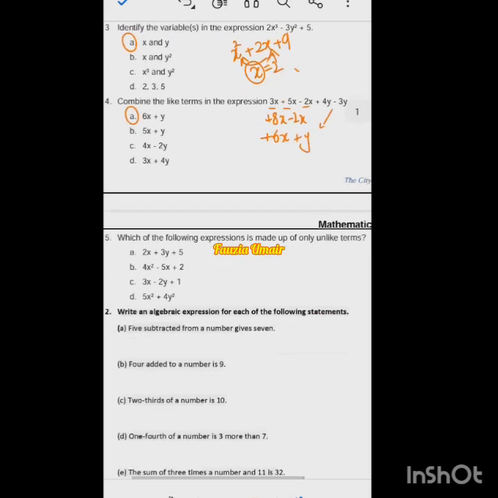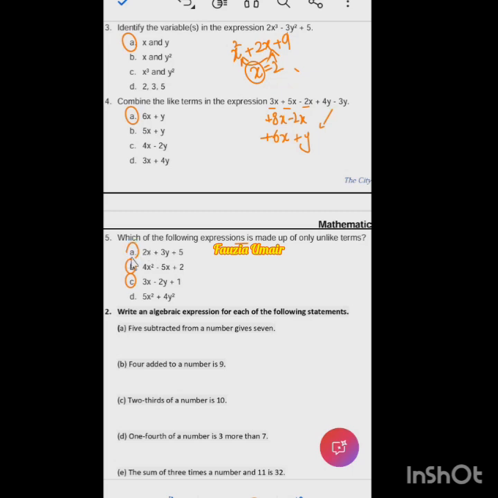So now the question is, which of the following expressions is made up of only unlike terms? Only unlike terms. C, and also B, and A? 2x 3y.